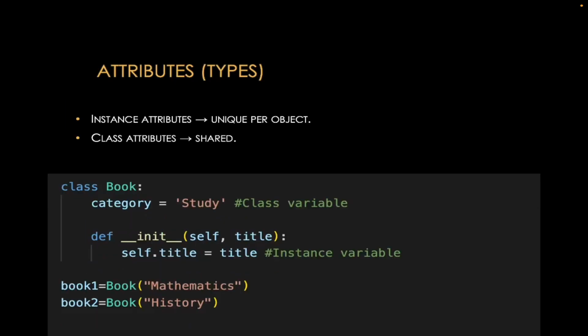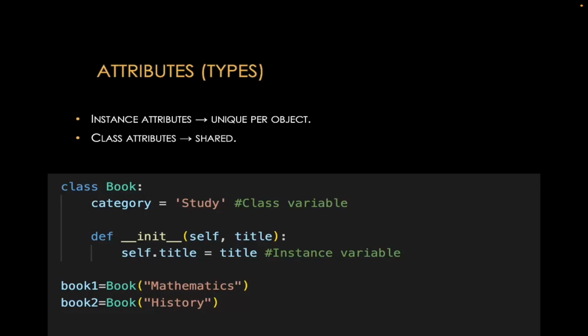An object can have different types of attributes. First one is the instance level variable and the second is the class level variable. Class level variables are those variables which remain the same for all the objects, whereas instance level variables can differ from object to object.